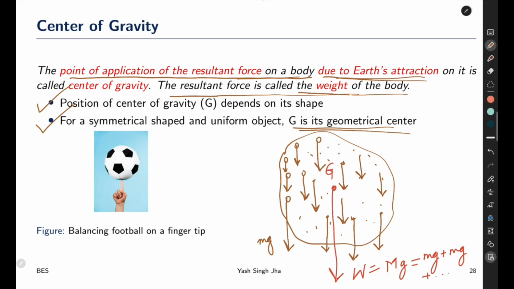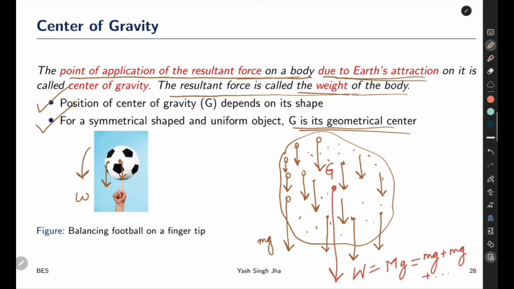You must have seen all those tricksters having a football or basketball balanced on their fingertips. How do they do it? They do it by keeping the center of gravity directly on top of the finger. If the center of gravity were here, the weight would act here and produce a gravitational torque and make the ball fall down.